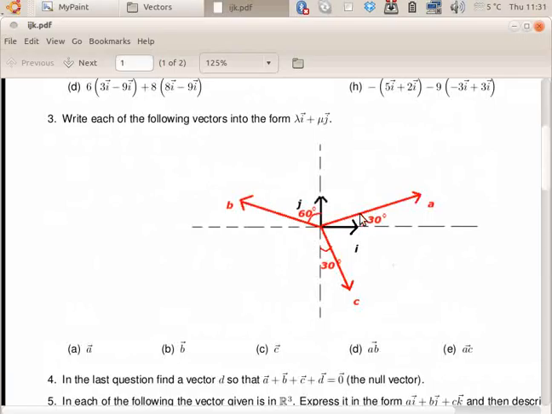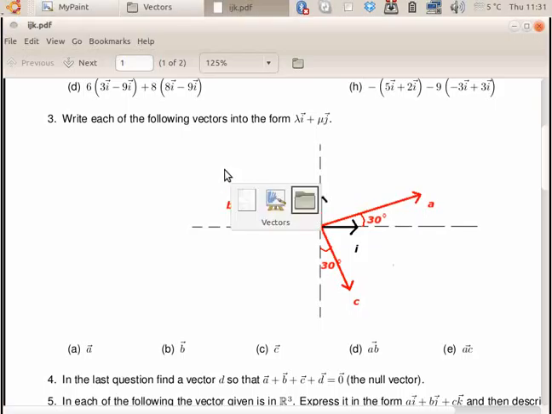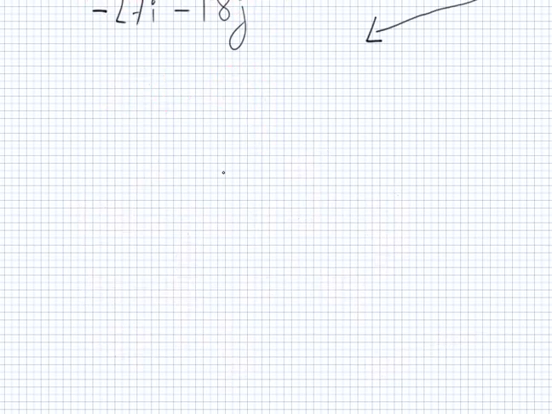Let's just go with 3, 2, 2 for the lengths. Okay. So it's 30, 60, 30. And with the horizontal, with the vertical, and with the vertical. Okay. 3, 2, 2. All right. So I'll just draw that again here.